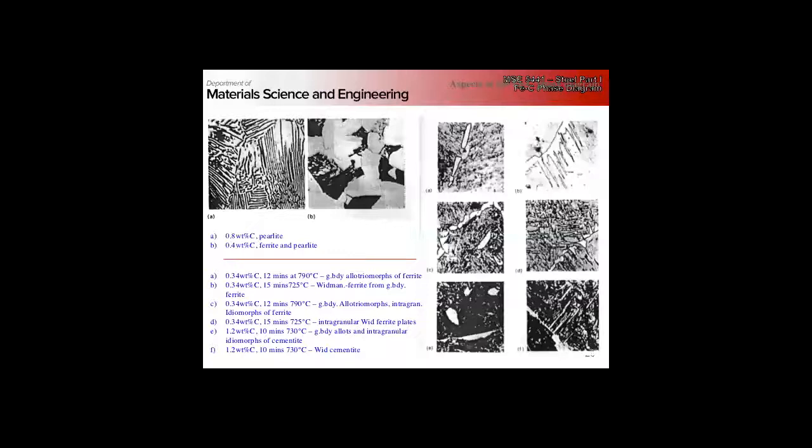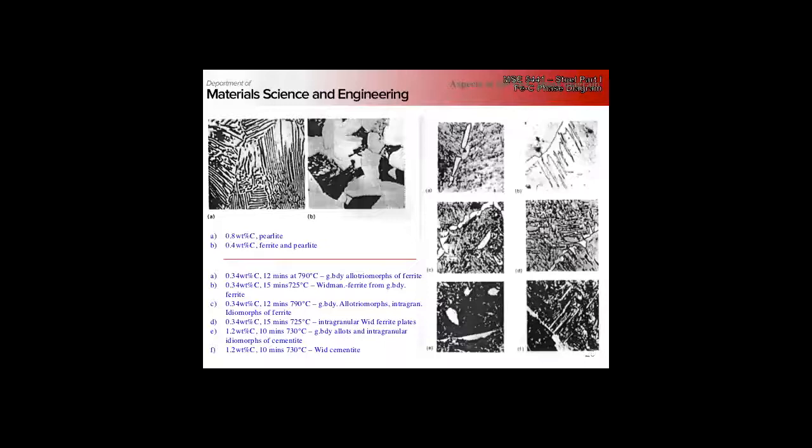We can have grain boundary allotriomorphs, idiomorphic ferrite, which forms these bits of ferrite that are inside of the grain, and then we can have cementite that grows in a Widmanstatten form as well.